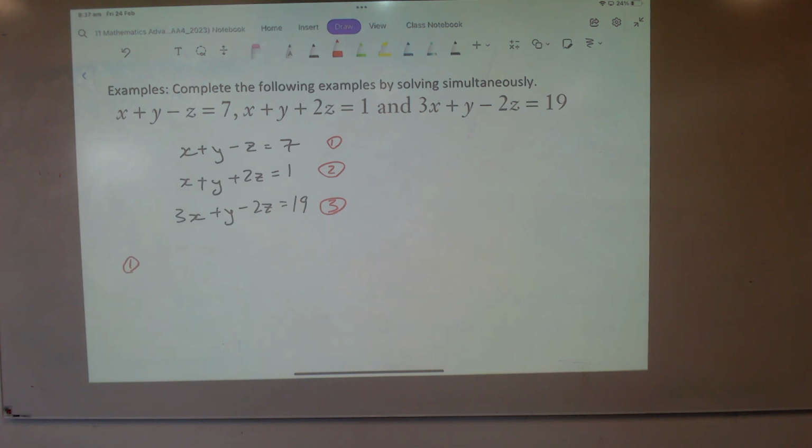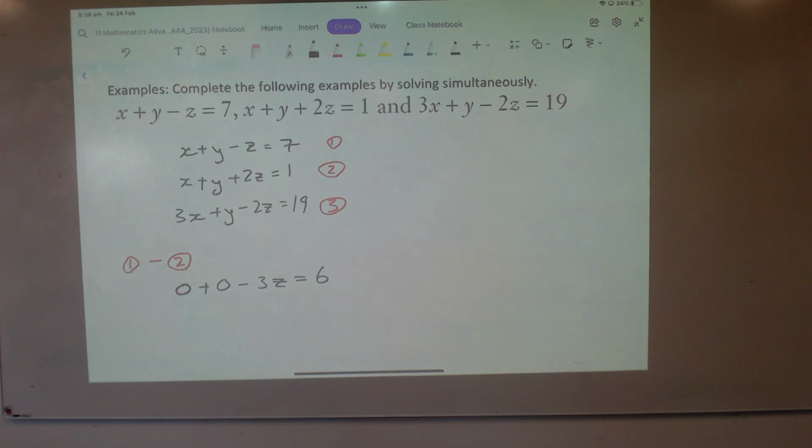For the first 2, I'm going to do 1 minus 2. Let's see how we go. 1 minus 2 is equal to x minus x is 0, y minus y is 0, and then negative z minus 2z, so minus 3z is equal to 7 minus 1, which is 6.